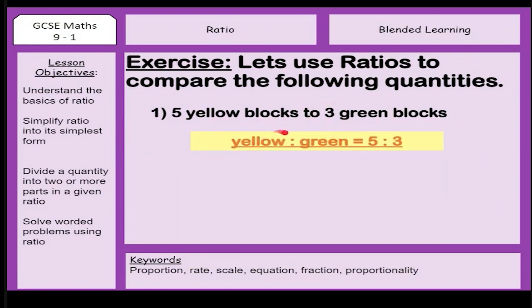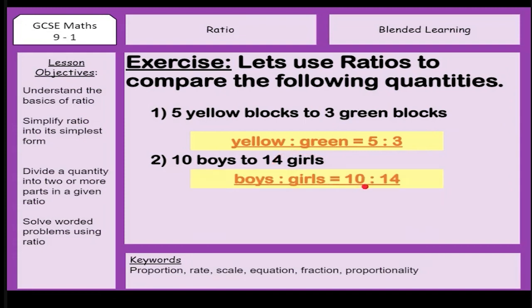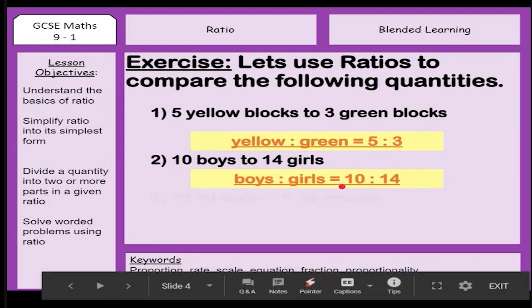So yellow to green would be 5 to 3. 10 boys to 14 girls. So again, it would be 10 to 14. Boys to girls, 10 to 14.